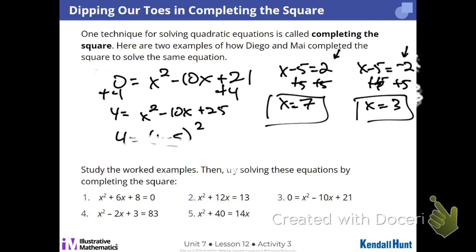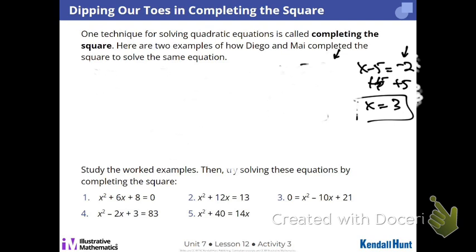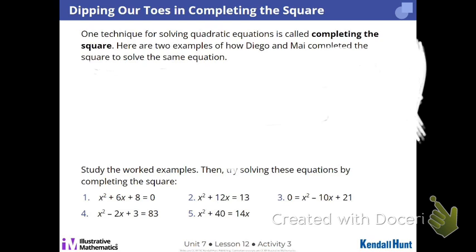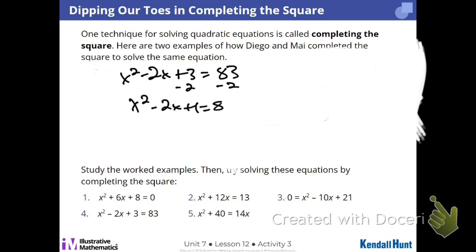Okay, let's look at number 4 next. Okay, number 4. x squared minus 2x plus 3 equals 83. If this is half of that, negative 2 is negative 1, what does c need to be then? 1. So we'll subtract 2. All right.